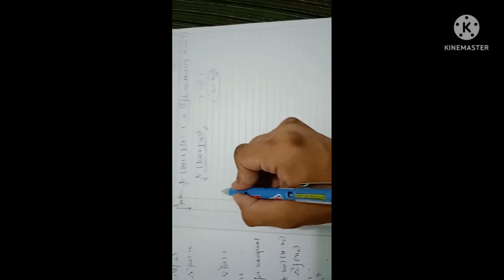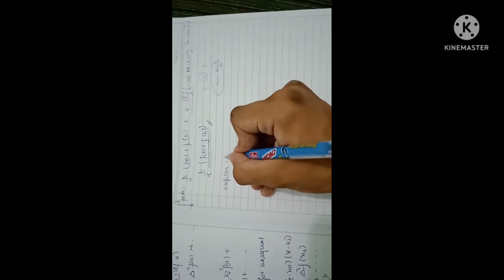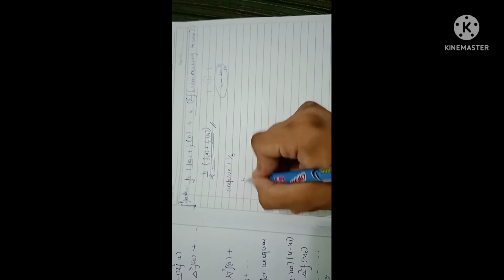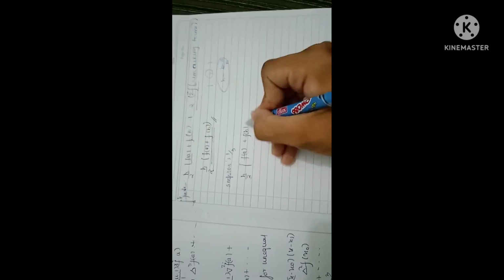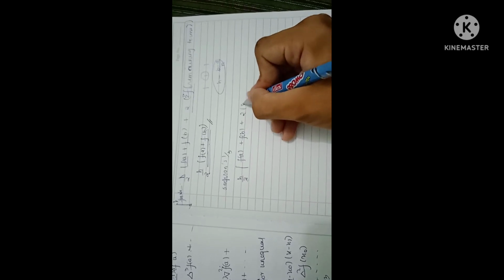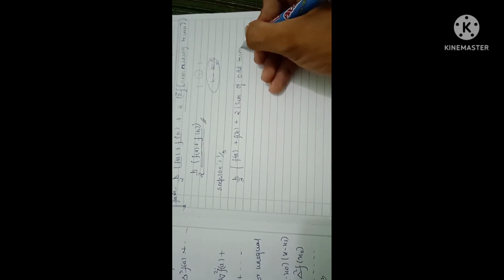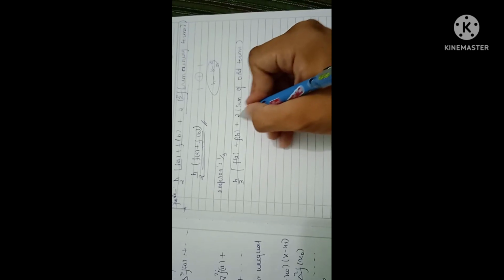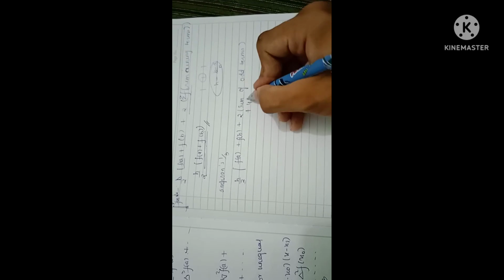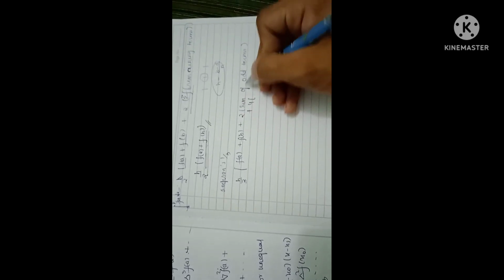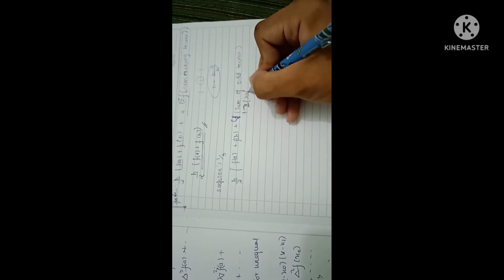Now simply Simpson's 1/3. Here we have h/3 [f(a) first term, f(b) last term, plus 4 into the sum of odd terms, plus 2 into the sum of even terms].